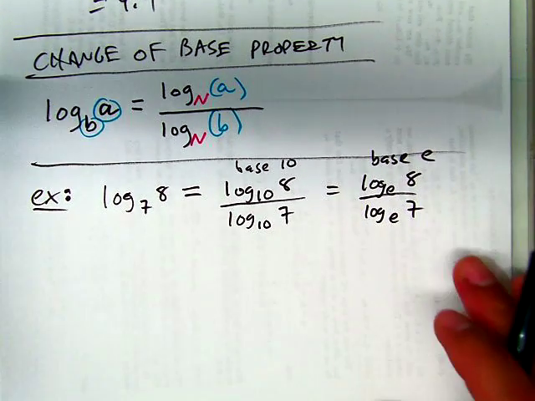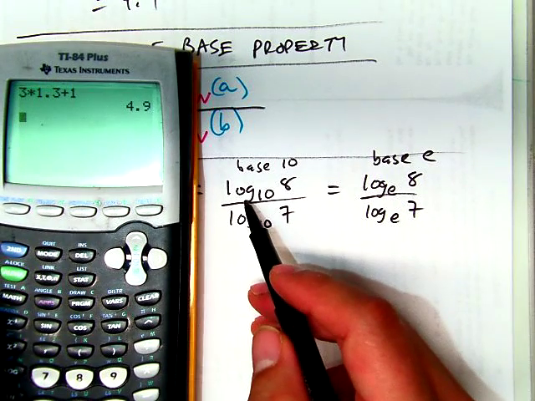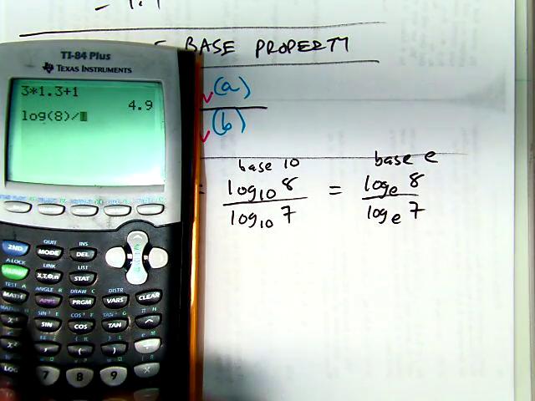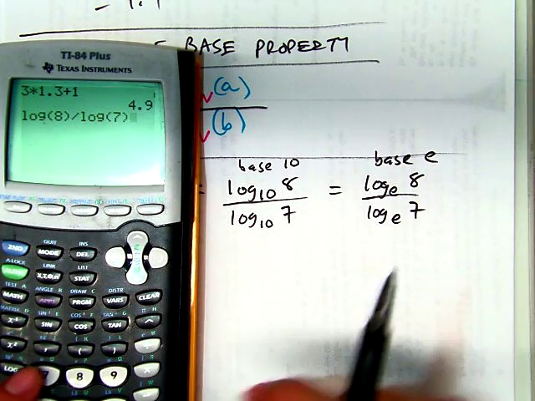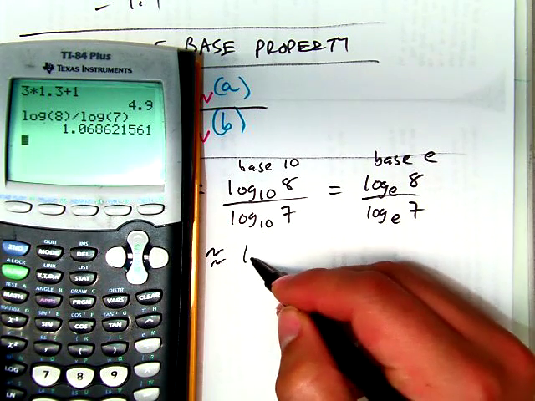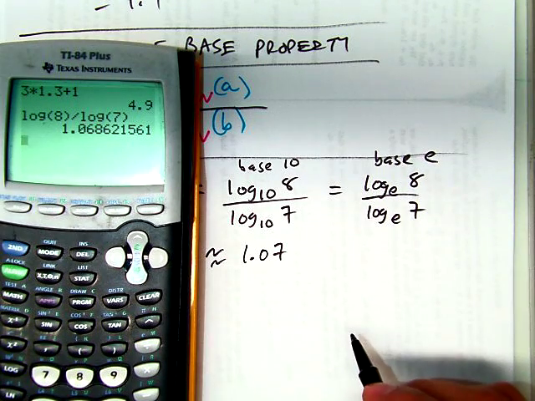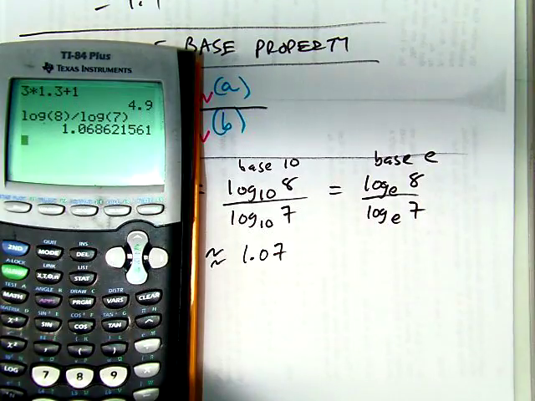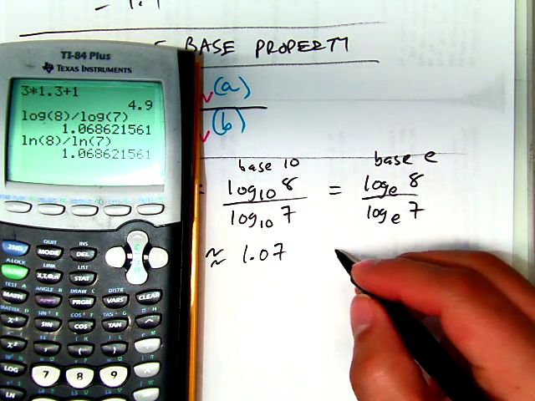So if you type these expressions in the calculator, log of 8 divided by log of 7, we get that this is approximately 1.07. But now if you do log base E, remember that's the same as natural log. So it's natural log of 8 divided by natural log of 7. It's the same exact answer.